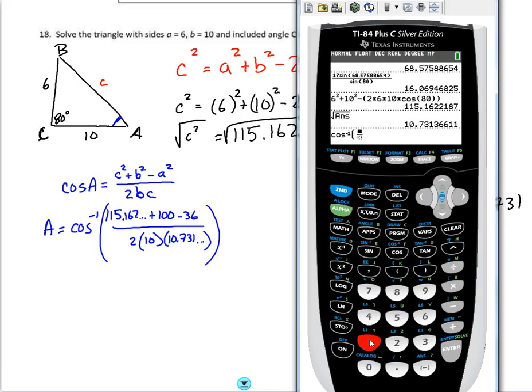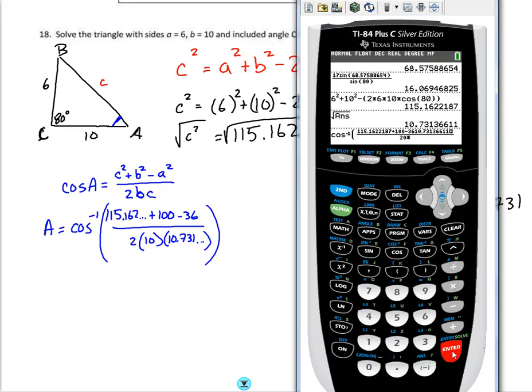I can go highlight that value. I'm going to take that number plus 100, minus 36. All divided by 2 times 10. That's just 20. Times this value. Oh, darn it.